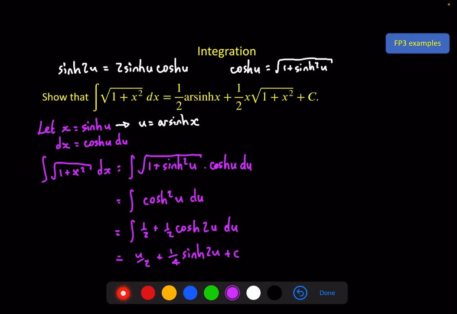So if I was going to write that without the bits in white, I would have to make that clear for the examiner. So we've got a half r sinh x plus 2 over 4 sinh u square root 1 plus sinh squared u, and then all my sinh u's there become x's.